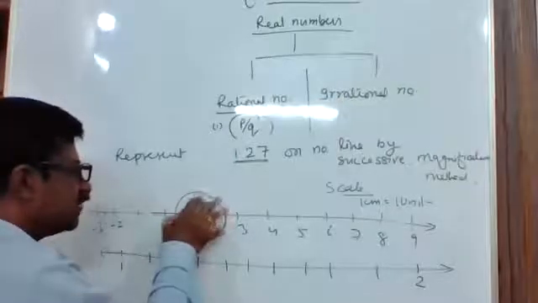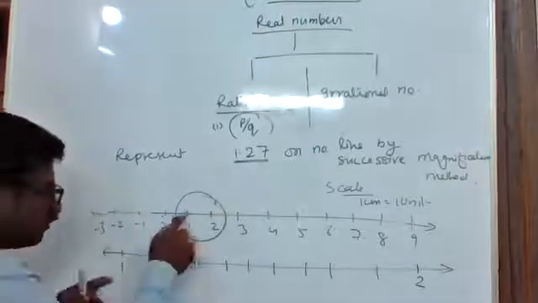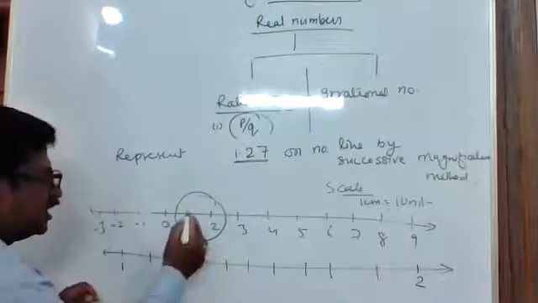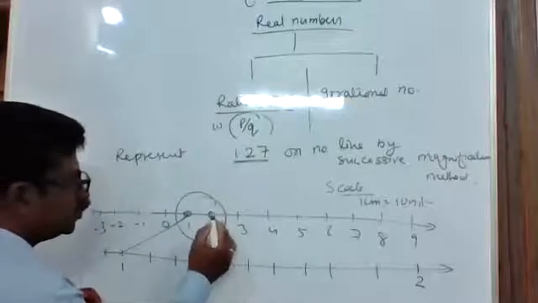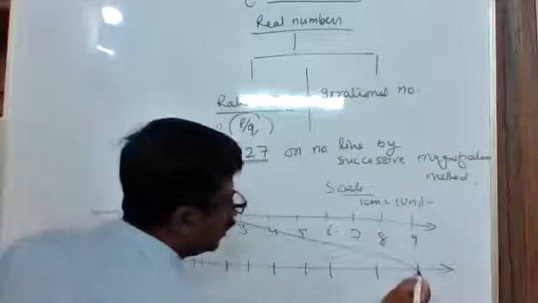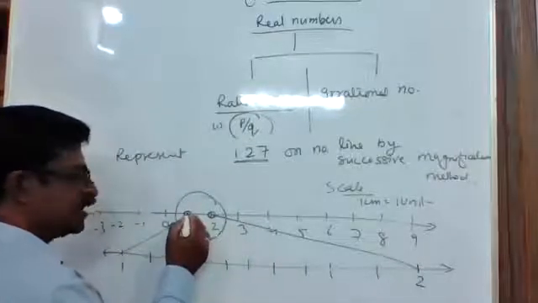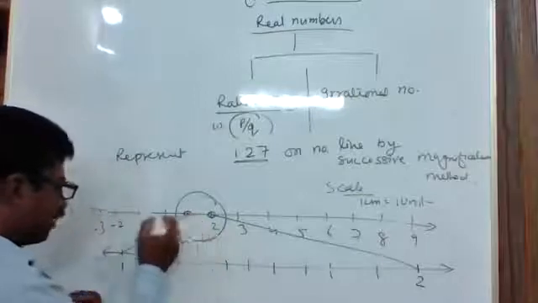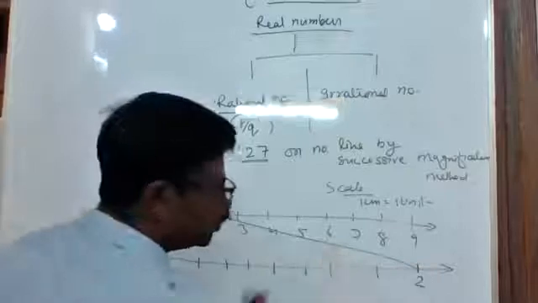Using the magnifying glass, this 1 is observed over here. This point 1 comes over here and this point 2 is coming over here. Make sure when you're joining this line, you are joining this point 1 with this one and this point 2 with this point 2.